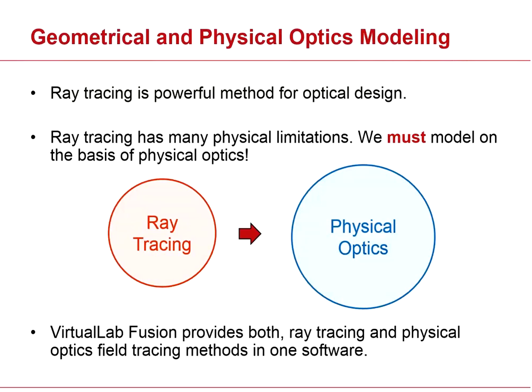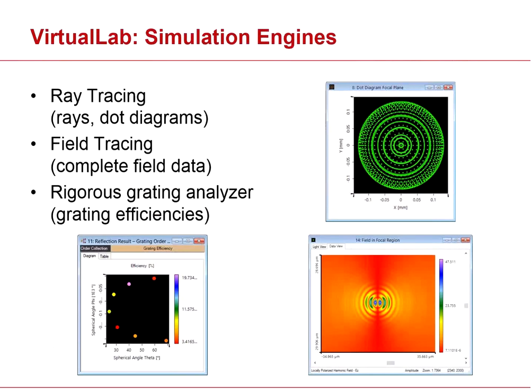And as you know, this physical optics modeling is really required to overcome the limitations of classical ray tracing methods. So, and all this is in one software. So, as you see here, you can compute with rays, you get these dot diagrams.